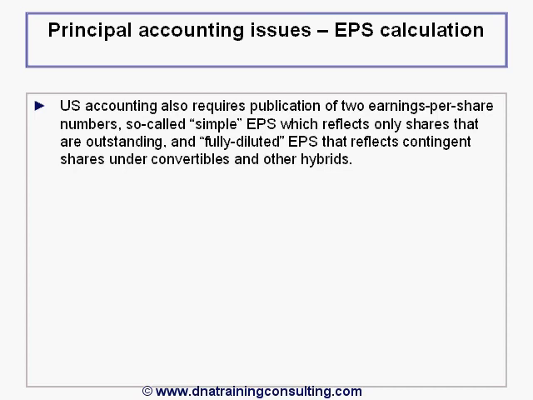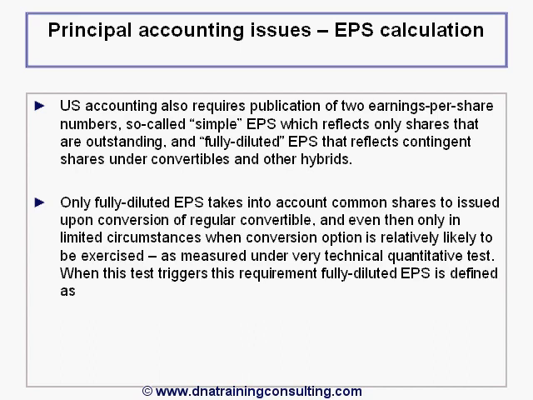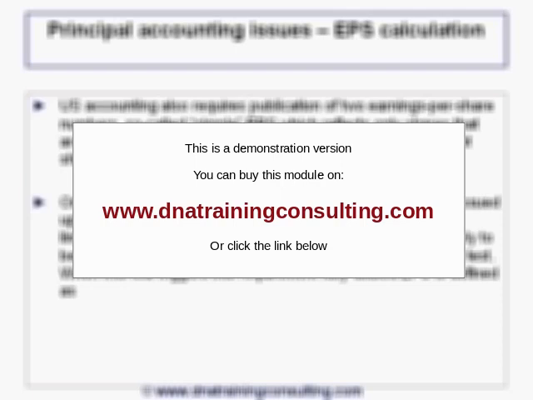Only the fully diluted EPS calculation takes into account the common shares that will be issued upon conversion of our regular convertible, and even then only in limited circumstances when the conversion option is relatively likely to be exercised, as measured under a very technical quantitative test we will not describe.